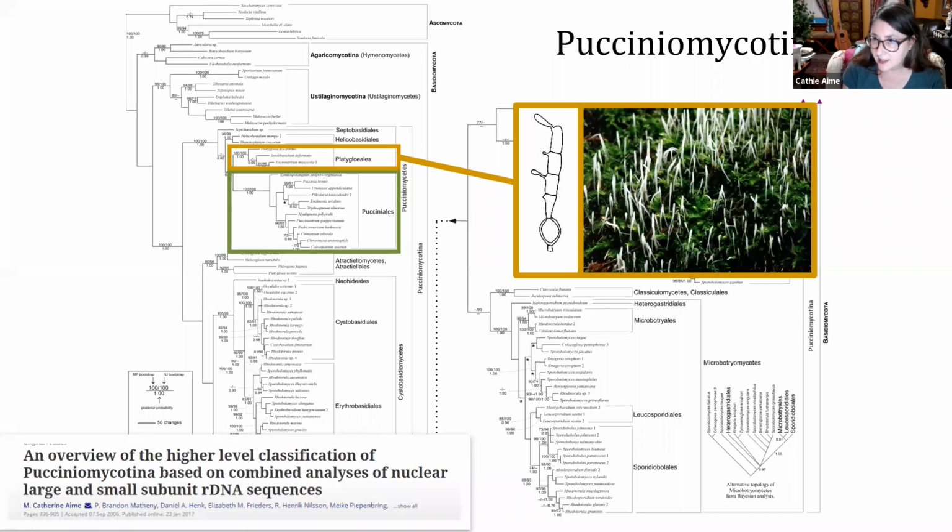So it turns out that the ancestor or the sister to the rusts are obligate pathogens. They're pathogens of non-vascular plants. And interestingly, they form this sort of teliospore, but they don't have any of those other spore stages. But that does give us a hint that at least the teliospore was probably original to the rusts, right? It must have existed there if it exists in the sister.